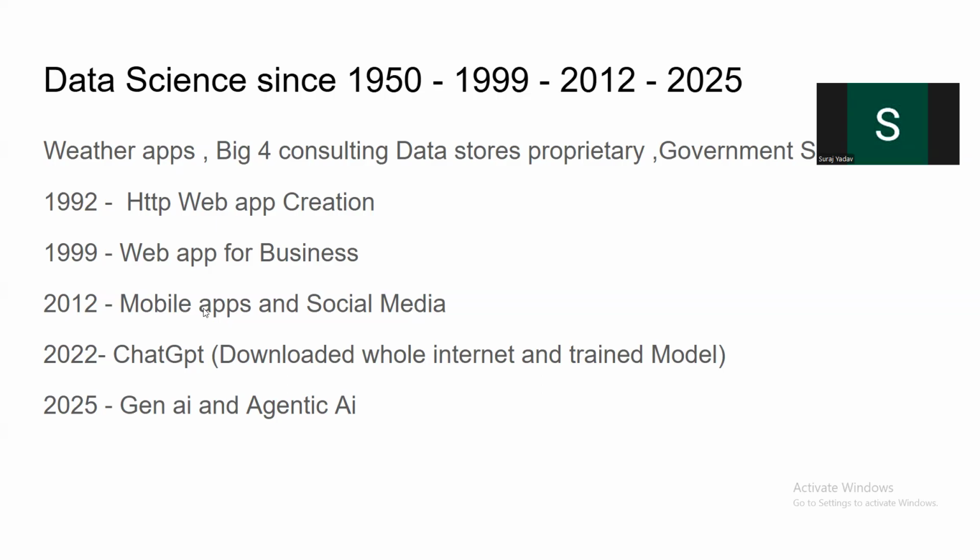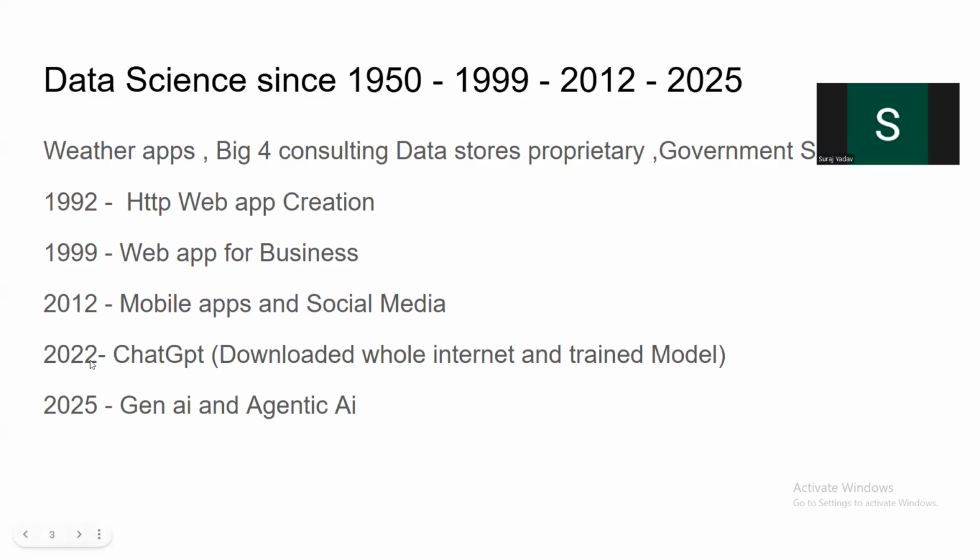Then came the social media era, where individuals, not just businesses, could have a presence online, connect with each other, send messages, hit the like button, reshare photos, and upload videos. Depending on the technology evolution, this data was being generated.